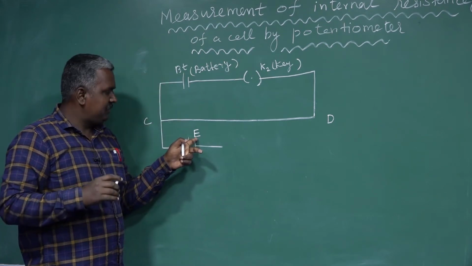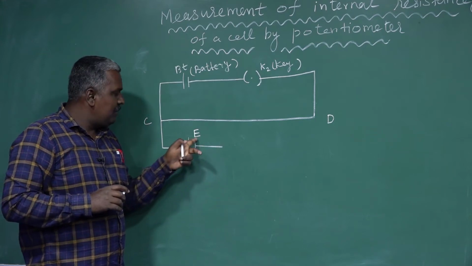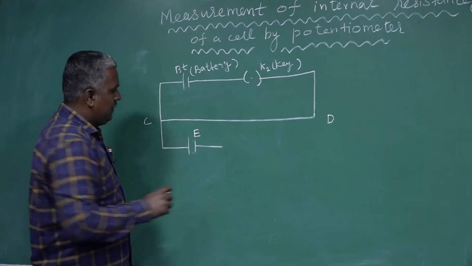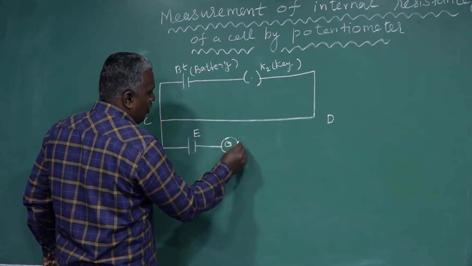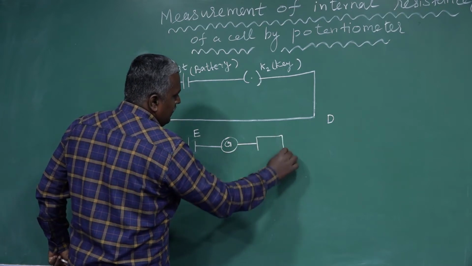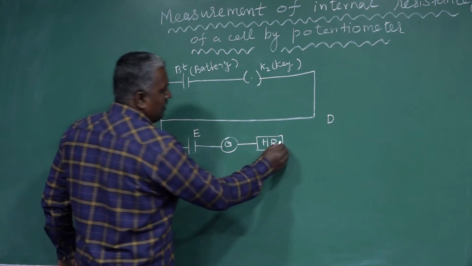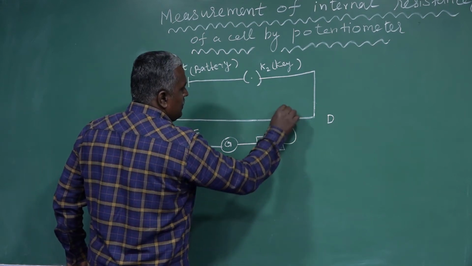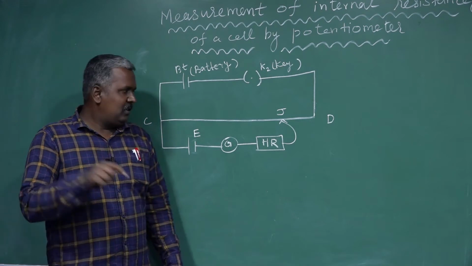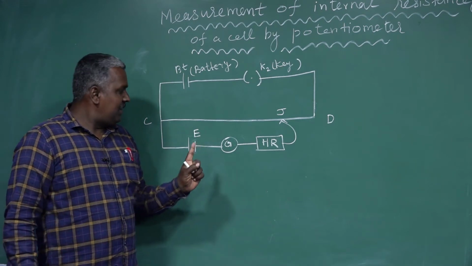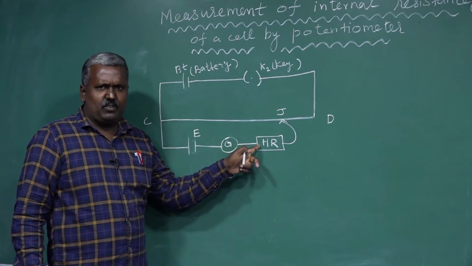This is very, very important. Caps E. That means the EMF symbol. Okay? Galvanometer. High resistance. This is the jockey. You have already seen, I think, the galvanometer and high resistance, etc. Okay, this is the jockey.